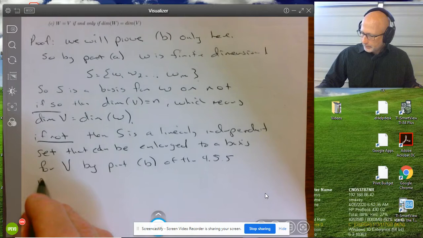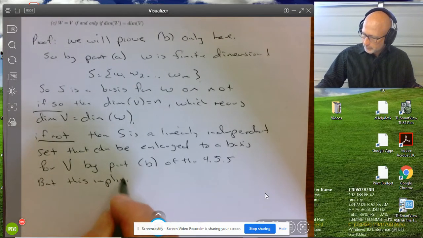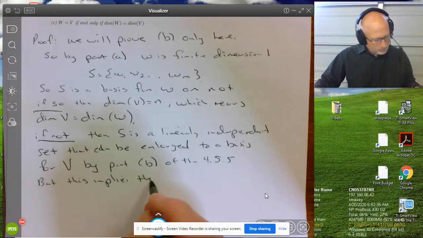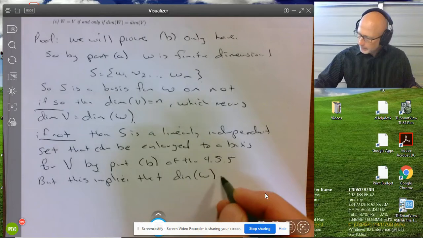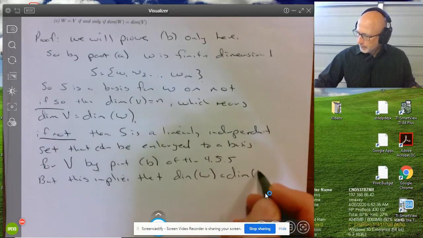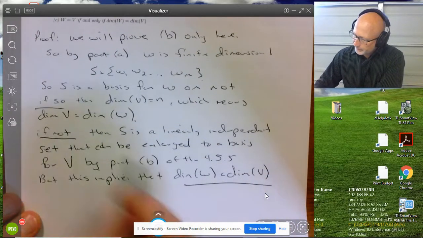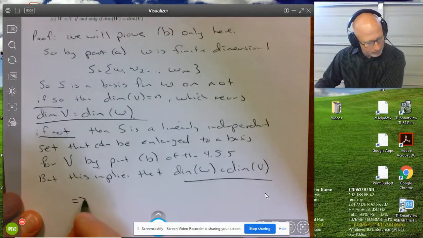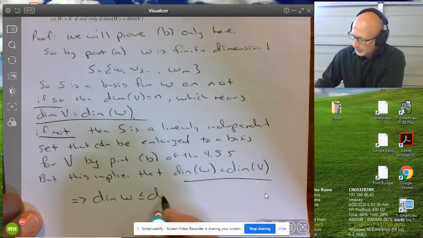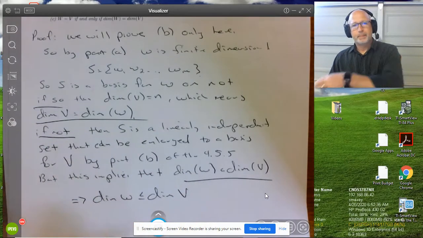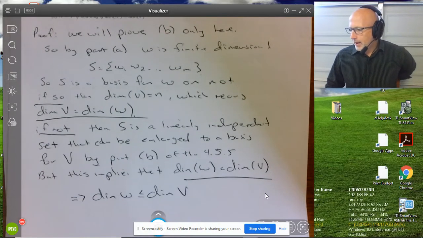But this implies that the dimension of W is less than the dimension of V. So combining this with this gives me that the dimension of W must be less than or equal to the dimension of V. Okay, and there we have section 4.5.